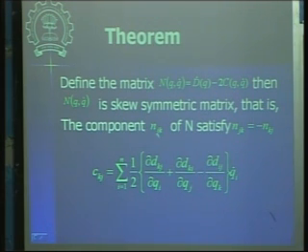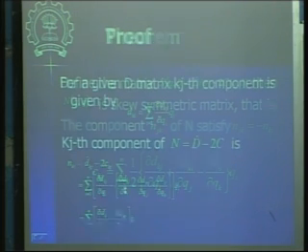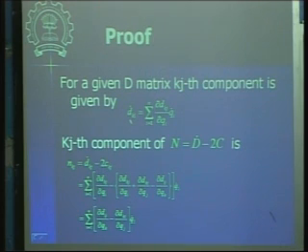So component N_jk will be equal to minus N_kj. To prove this property, we will use this C matrix, and this D will be differentiated in this fashion. Each element will be differentiated like this.